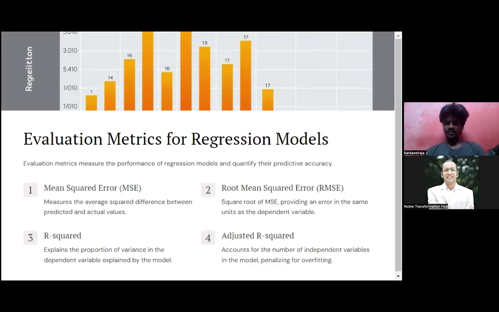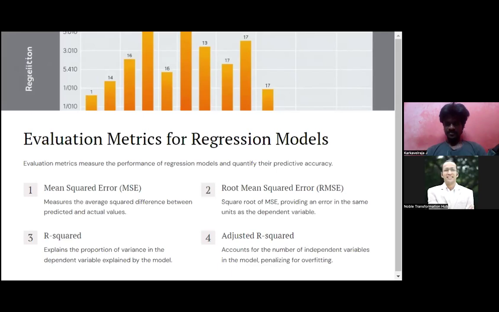Whatever was predicted and whatever is actual, we compare that. Second is root mean squared error, RMSE, which is the square root of MSE.